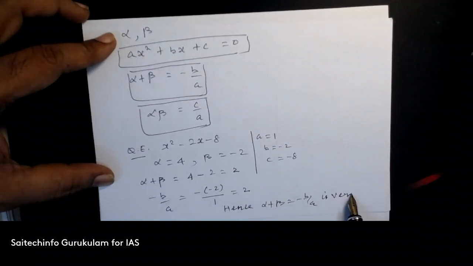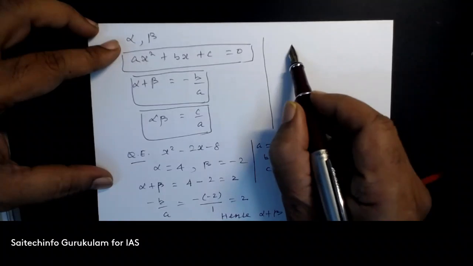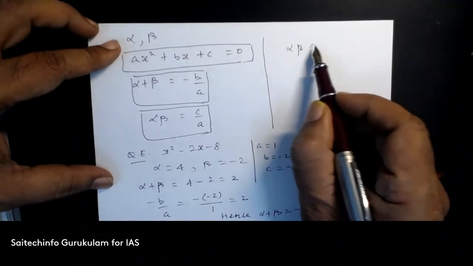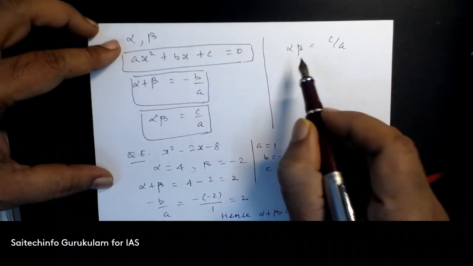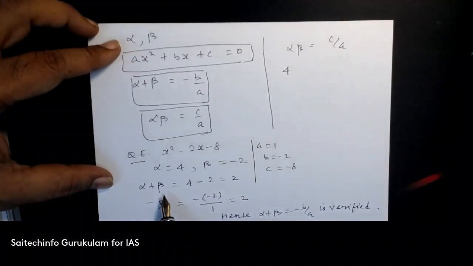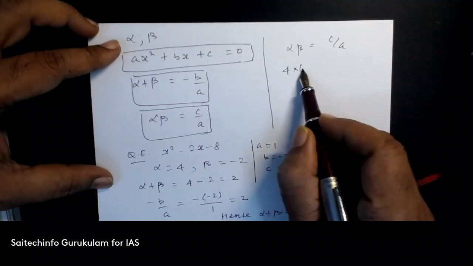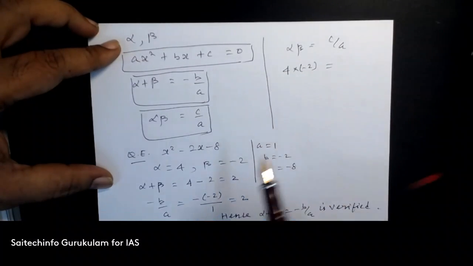Are you able to follow? So you have to write like this. And similarly you have to prove alpha beta is equal to c by a. How we can prove? What is alpha? 4. What is beta? Beta is minus 2, is equal to, what is c? c is minus 8.